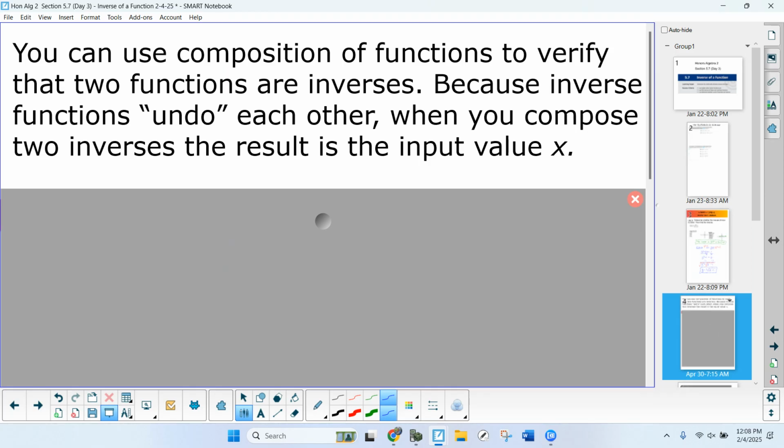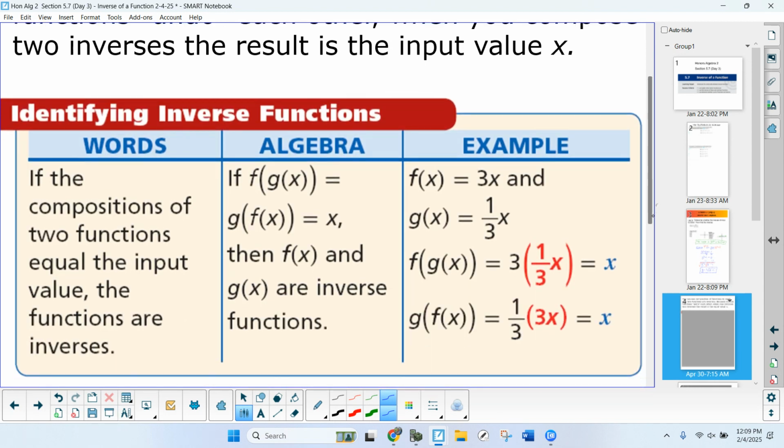You can use a composition of functions to verify that two functions are inverses. Now, if it says use compositions, you may not switch x and y and say, well, I got the same equation or I got a different equation. You can't do that. On your homework tonight, numbers 7 and 8 say use composition of functions, so you must do this. Because inverse functions undo each other, when you compose two inverses, the result is always x.